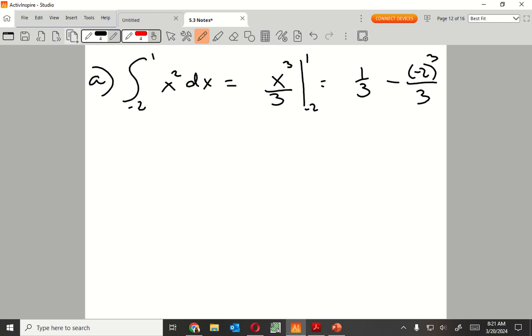So doing the math, I'm going to get 1/3, and that's going to be plus 8 over 3. Add those together, I get 9 over 3, which is 3.